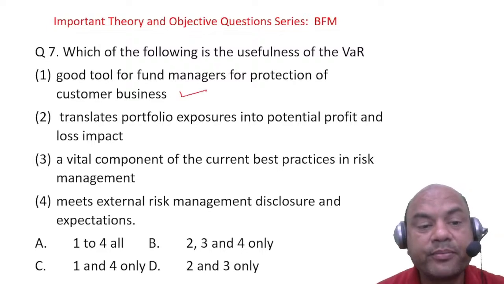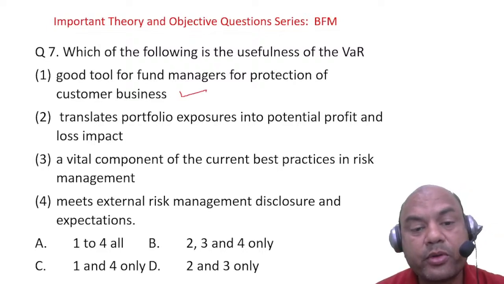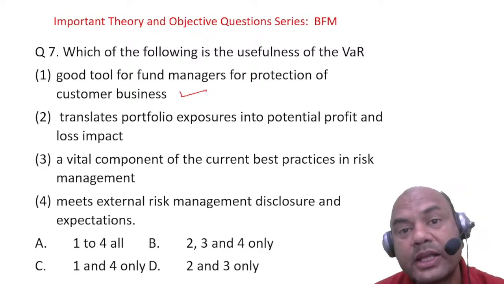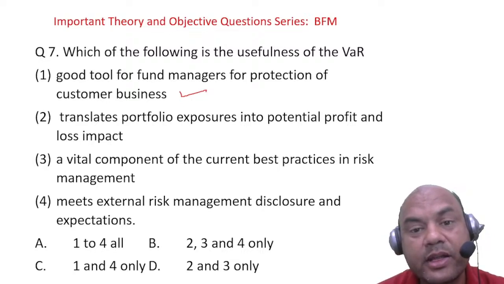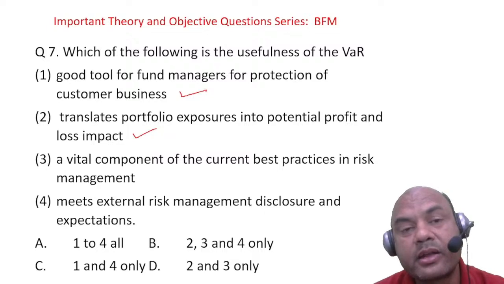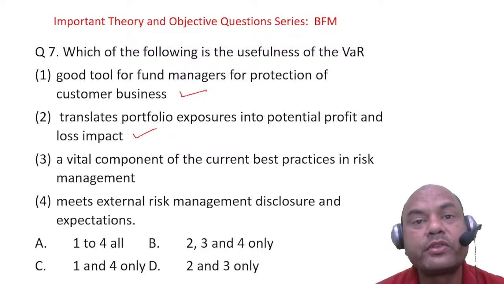What about the second? Translates portfolio exposure into potential profit or loss impact. How much can be the profit, how much can be the loss by the fluctuation of that Reliance share by 5% here and there? Definitely that I can predict, right? How do the banks predict that this year our profits will be around this?